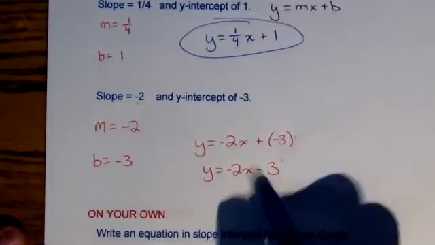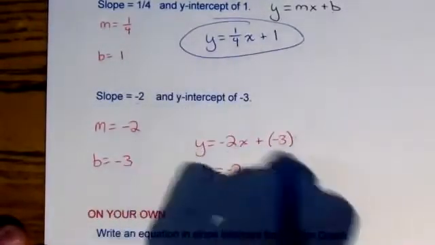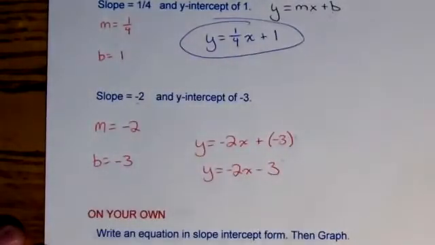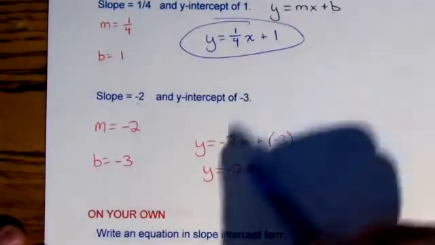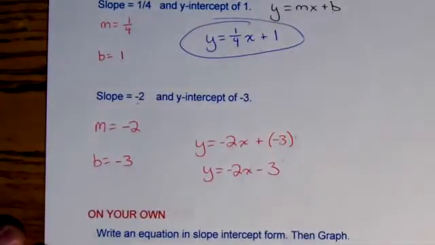This one's cleaner, this one's clunky. They both are correct, but this one looks nicer. So if you have a y-intercept that's negative, you just change your plus to a minus and boom, we're done. So that's writing an equation. We're given a slope and a y-intercept, and we generate an equation.